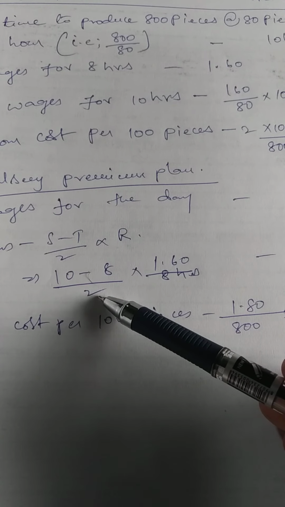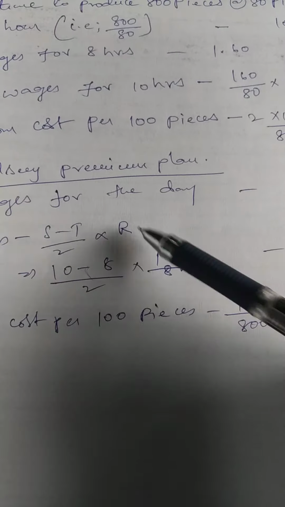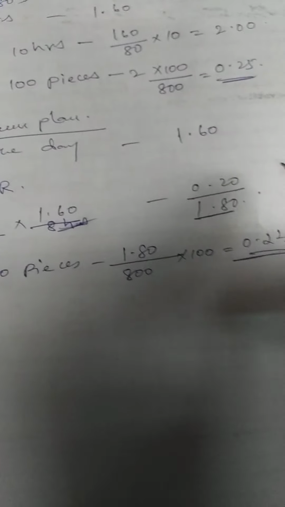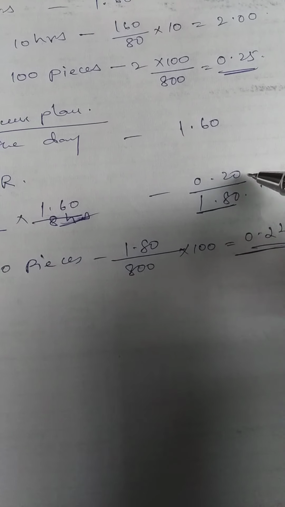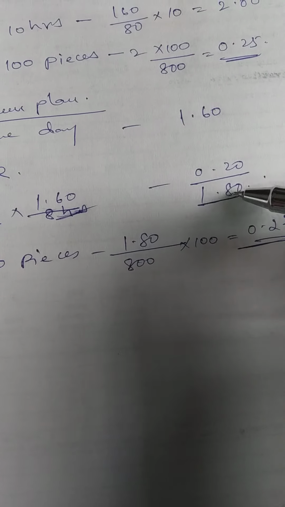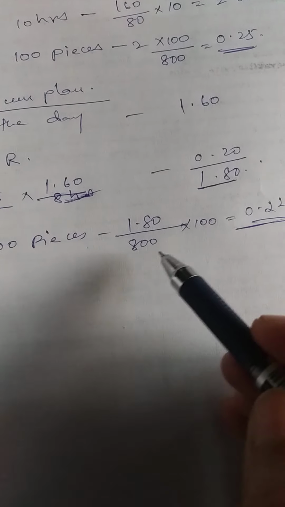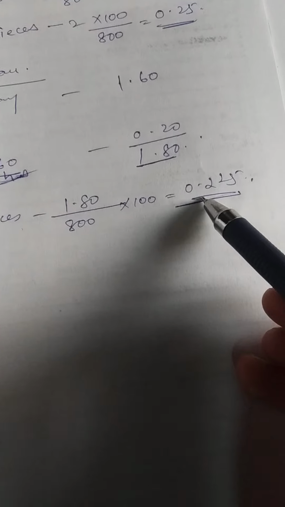So the time saved at 50%, that is 1/2 into rate 1.60 hours saved, comes to 0.20. So the normal rate is 1.60 and the Halsey bonus is 0.20, so his wages is 1.80. And the labor cost per 100 pieces produced: for 800 units it is 1.80, for 100 units it will be 0.225.